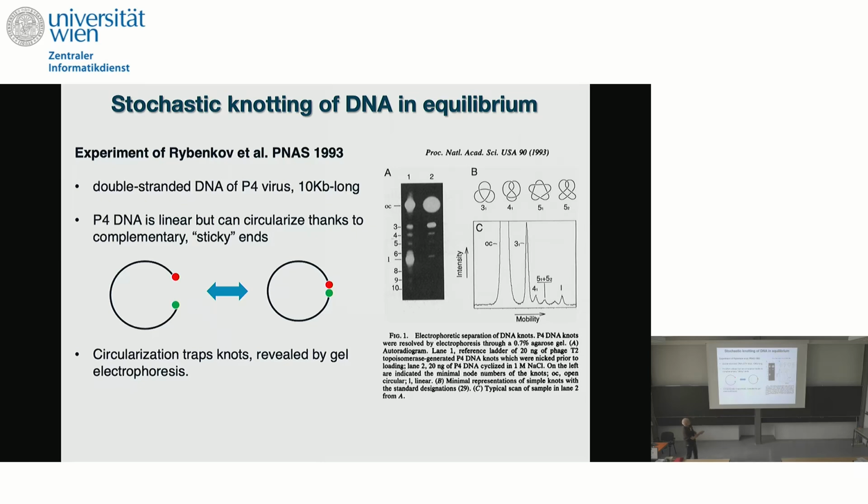And by measuring the intensity of the bands, you can detect what type of knots you have. And people are quite sure about those because they checked the knot types using AFM microscopy after coating DNA to make it thick enough to be resolved. And they know which bands correspond to which knot types.